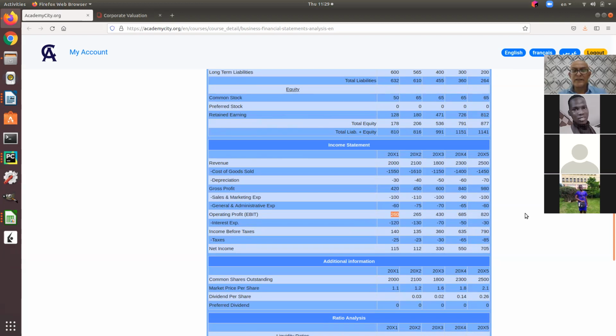It's the amount I can distribute to the parties who are involved in or really have an interest in this company. If I look at that 260, I'm going to give part of it to the government, part of it will go to the interest, paying the bank for taking the loan, and whatever is left will belong to the equity owners.